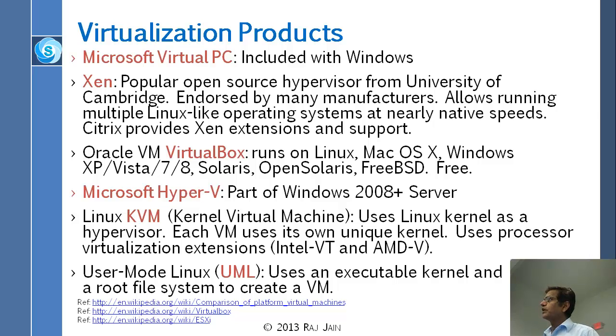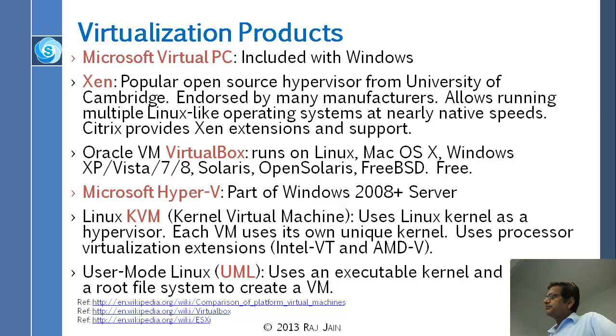Oracle VM VirtualBox. So this is another one. Now you will notice that all of these are free. Virtual PC is free, Xen is free, Oracle VirtualBox is free. VirtualBox runs on Linux, OS X or Windows and almost every operating system, and allows you to run virtual machines. Hyper-V is not free, but Microsoft Hyper-V is part of Windows 2008 plus servers, and there it allows you a lot of virtual things.